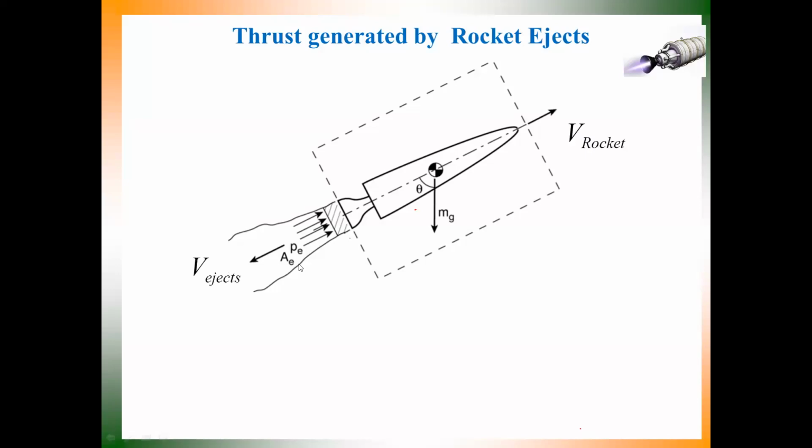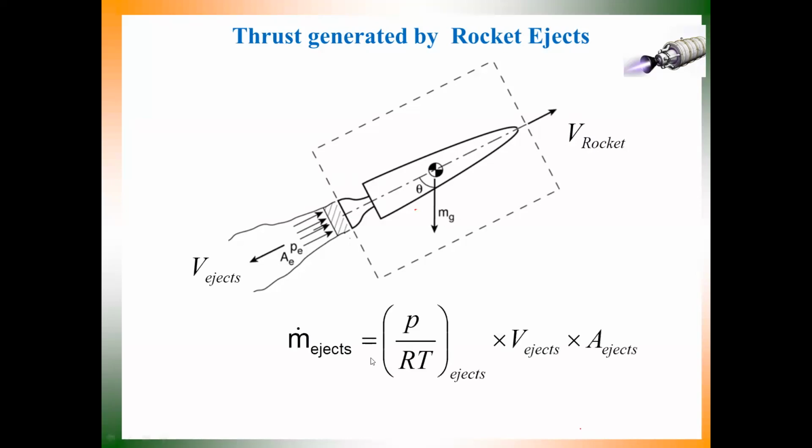There is pressure force, and there is the exit area, the pressure area. The ejected mass, that is the amount of propellant consumed within a moment, is related to the pressure, the gas constant R, and the temperature, times the ejection velocity and times the area.